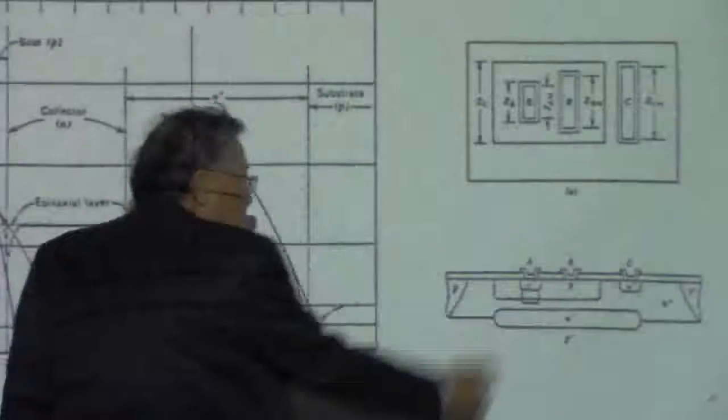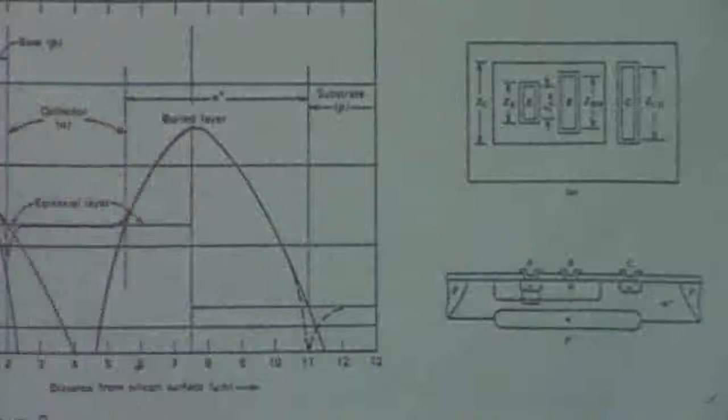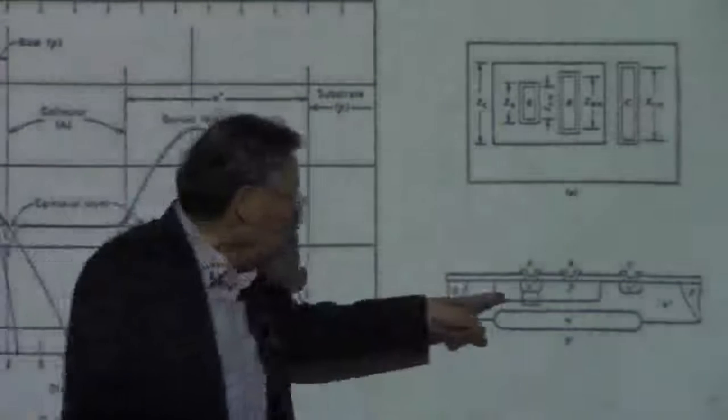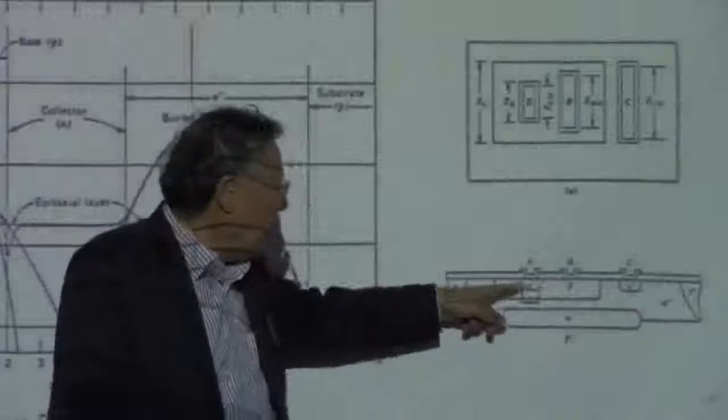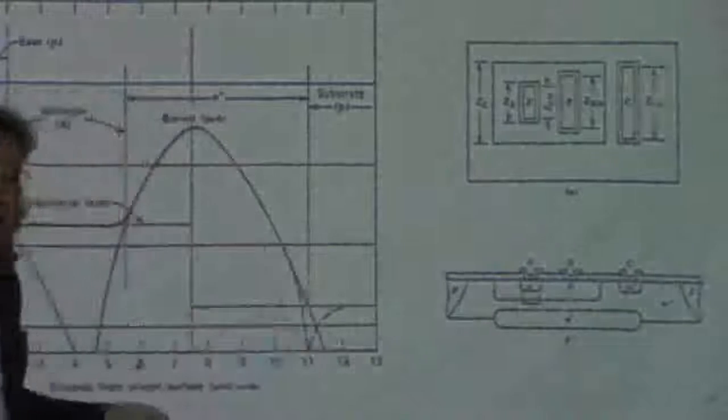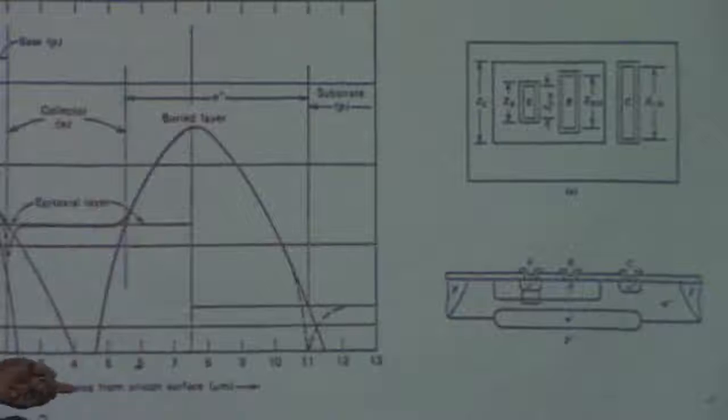And then the base layer should be P type, and we don't have any choice for the P. We have to use boron for that. So we have to use the boron for the P, and for the emitter N plus, we have to use the arsenic for this. Okay?